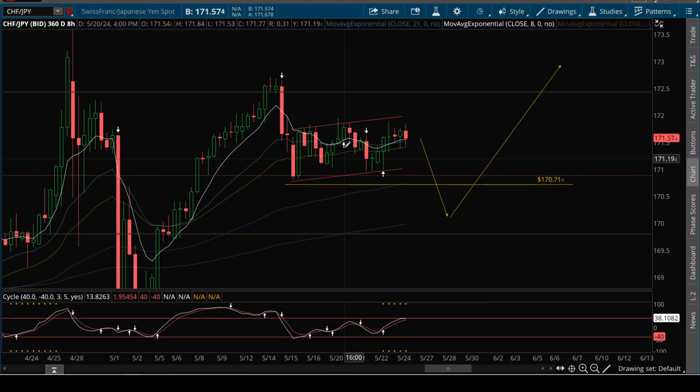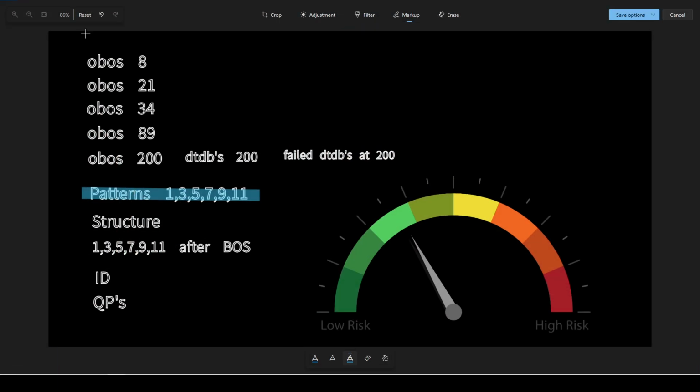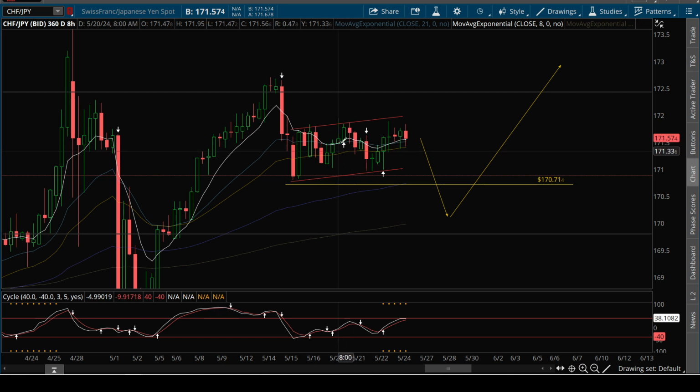We have 1, we have 2, we have 3. We got a 3-wave sequence right here. This next close below the 8 should be impulsive. So you're waiting for a close below the 8, and you've got a pattern.